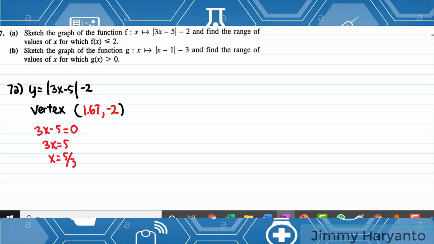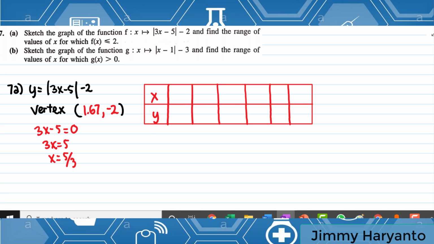And then we have to create the table. The vertex is 1.67 for x, so we create a table around 1.67. It means we use 1, 2, 0, 3, -1 and 4.